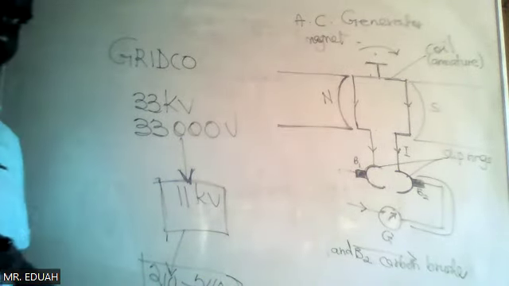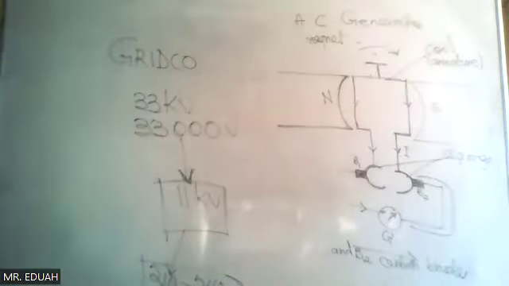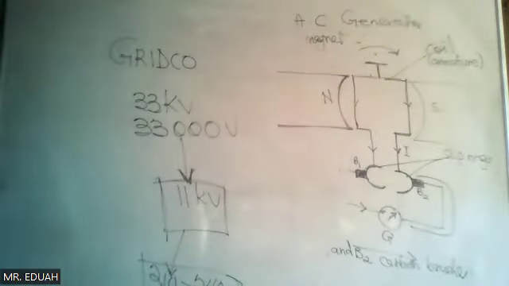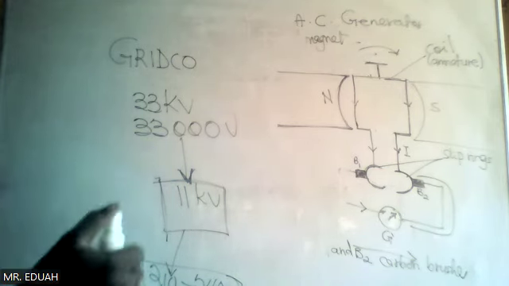AC. Alternating current changes direction. It changes directional flow, so it flows in the positive and along in the negative.